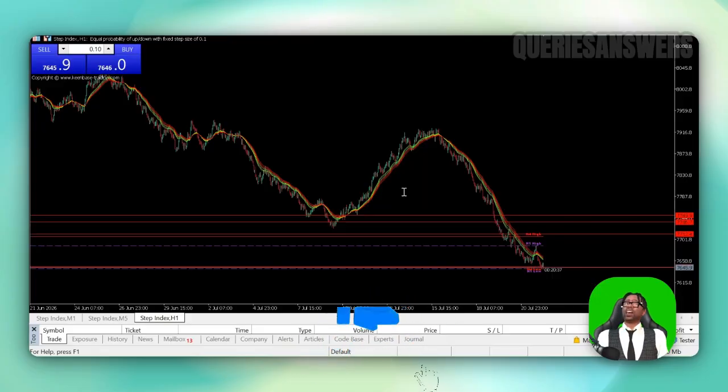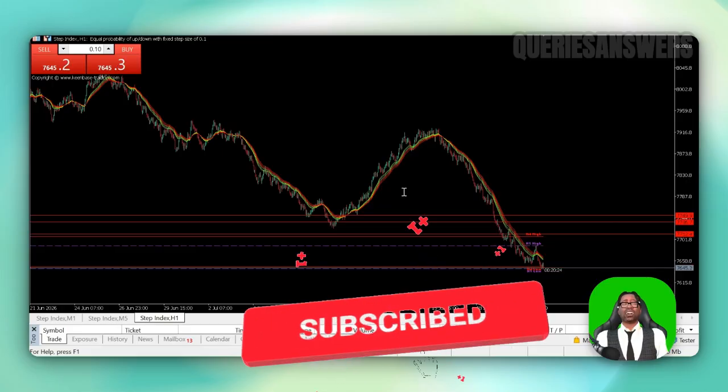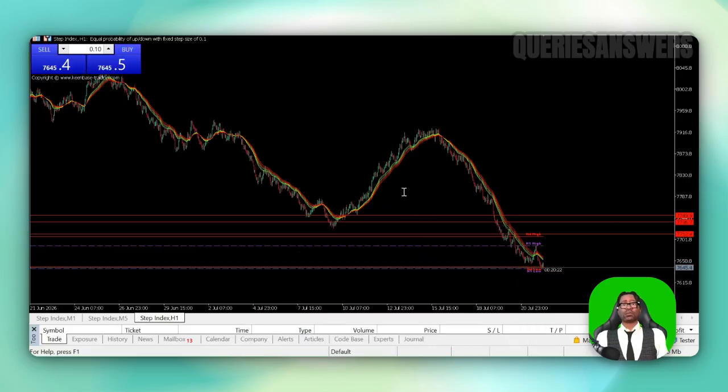So if you do not want massive spikes, too much volatility like what you get with volatility 75 and volatility 100, you can go with a V10, which makes it easy for people who are learning, because the price moves slowly and smoothly.